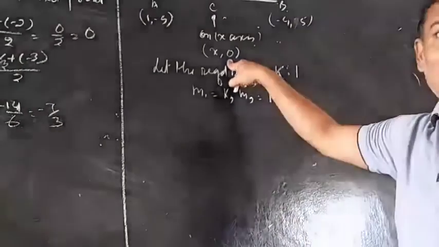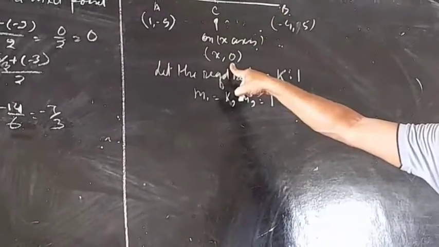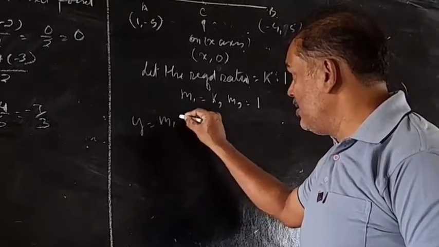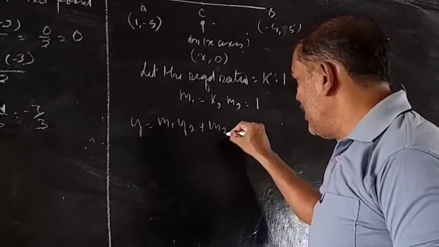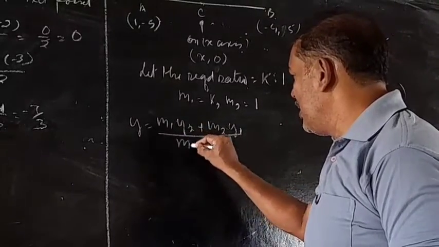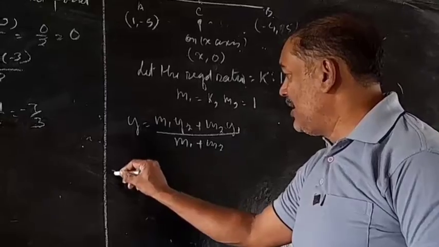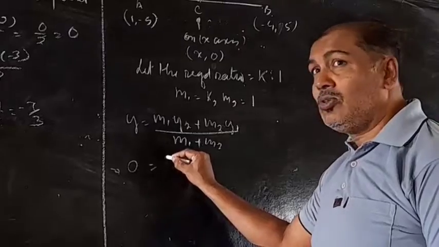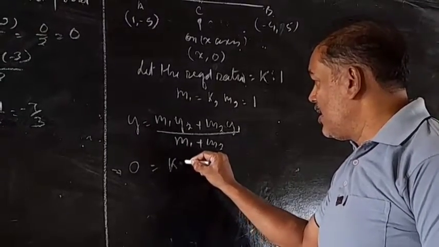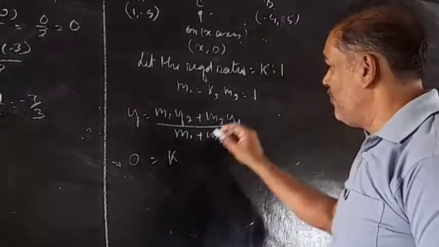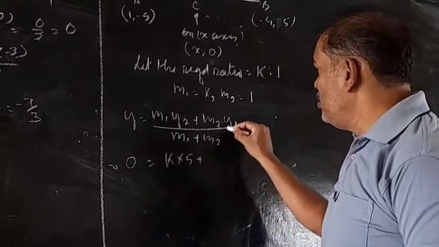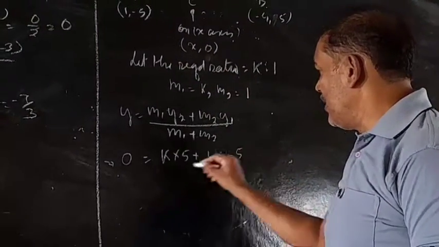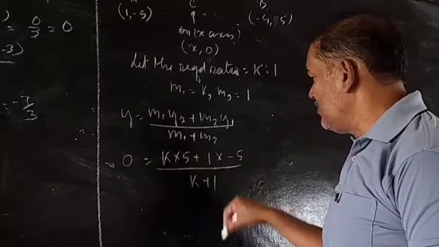Okay, we will take from here. This 0 represents which coordinate? Y. So what is the formula of y? y is equal to (m1 y2 + m2 y1) upon (m1 + m2). This y is equal to 0, m1 is equal to k, y2 is equal to 5, m2 is equal to 1, y1 is equal to minus 5, and this is equal to k plus 1.